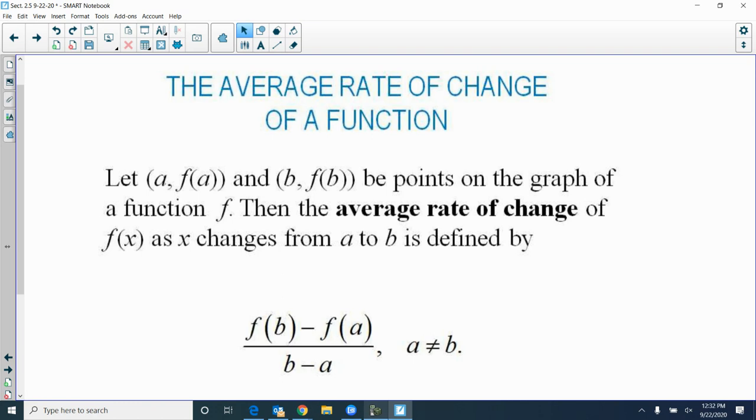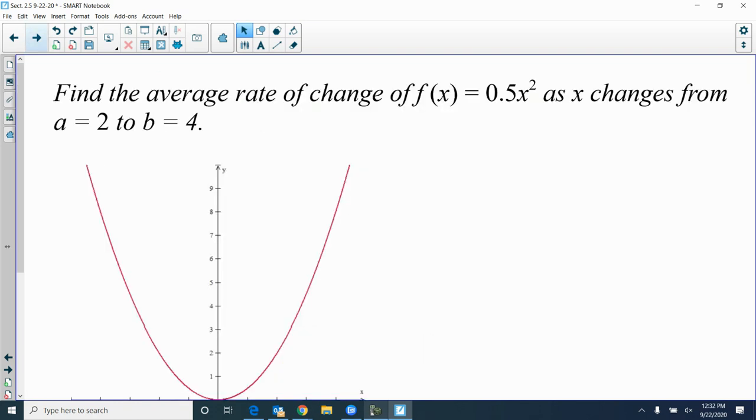Let's flip it over there. I have the picture here because I'm going to show you something. You don't need the picture. Sometimes it helps to give an overall understanding, but it's not necessary. So, find the average rate of change of f of x equals 0.5 x squared as x changes from a equals 2 to b equals 4.